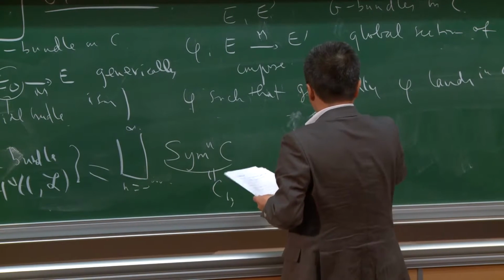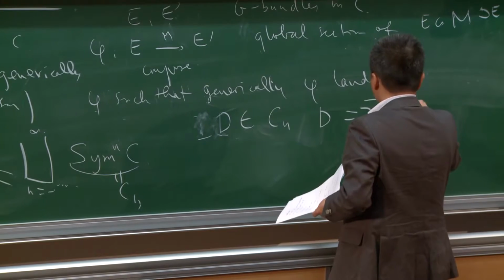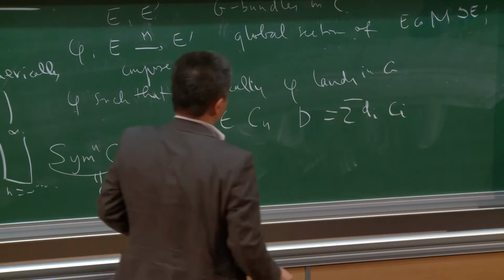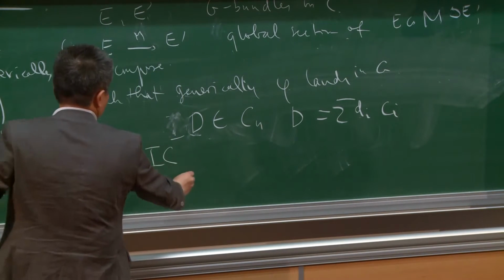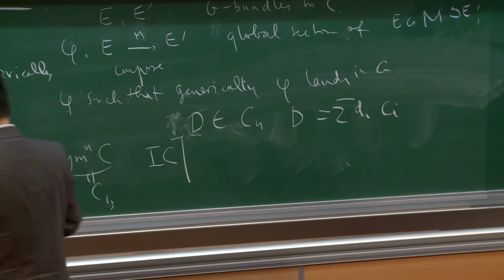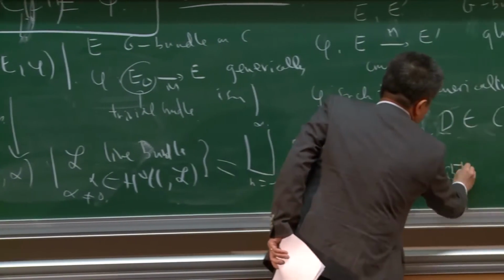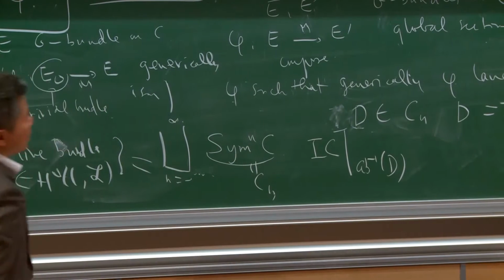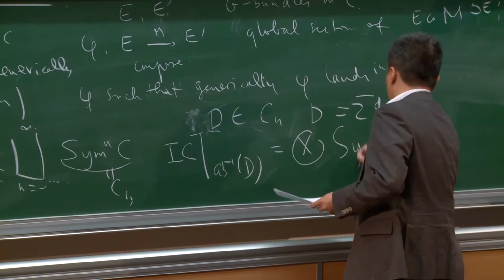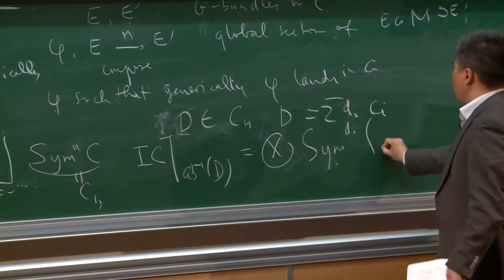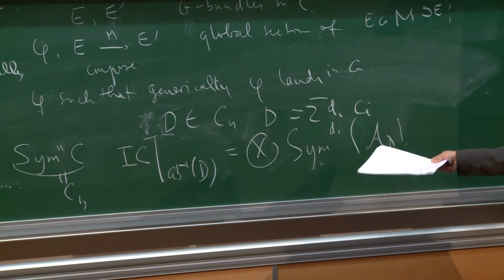if D belongs to Cn, so D is a sum of Di ci, where ci are points and Di are multiplicities, and then you want to restrict the IC of X to the fibers over D. So I can call this map pi. So pi minus 1 of D is a product of A lambda, where A lambda is the perverse shift corresponding to representations.